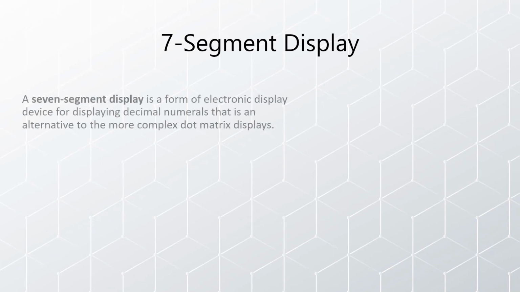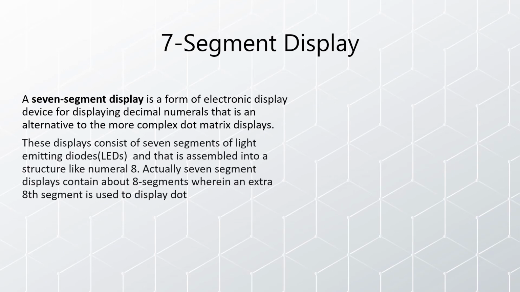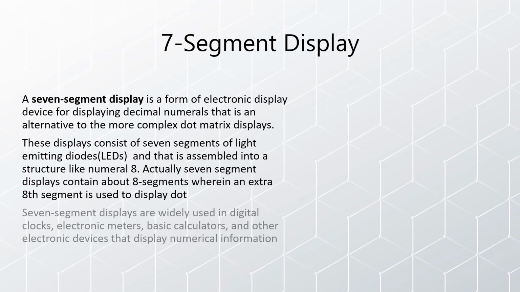Next, we have the 7-segment display. A 7-segment display is a form of electronic display device for displaying decimal numerals that is an alternative to the more complex dot matrix display. This display consists of exactly 7 segments of light, numbered A to G, assembled in a structure like the numeral 8.